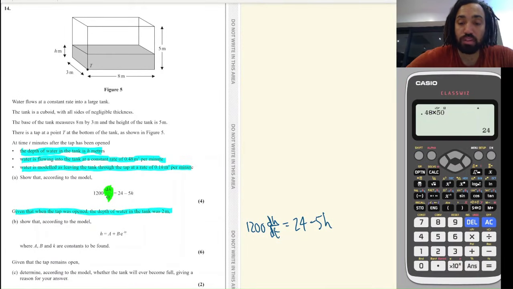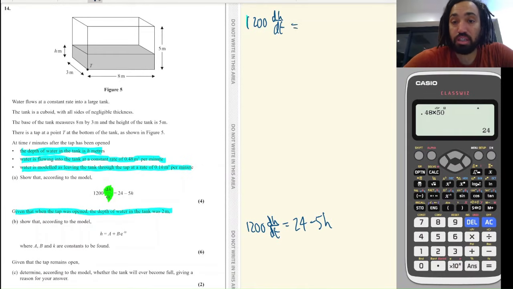And I'm going to move this bit up here. Okay, let me just write it out again. So we are going to have 1200 dh by dt is equal to 24 minus 5h. And we also have an initial condition that when t equals 0, we have that the depth of the water is equal to 2.